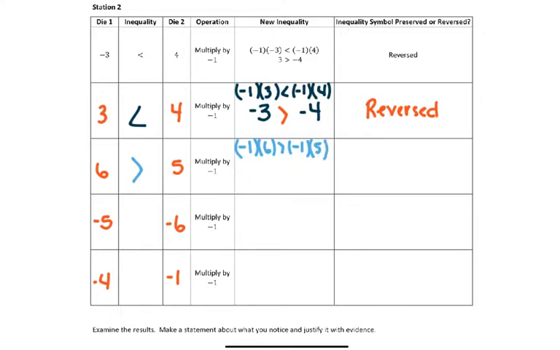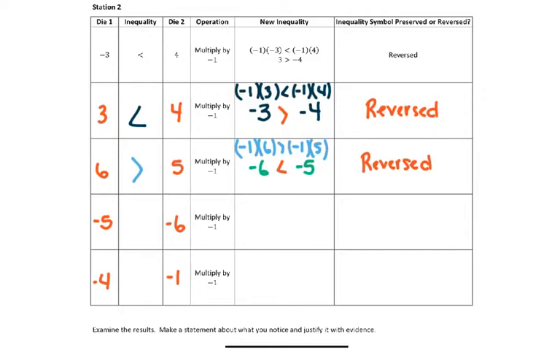Okay, so now I need to carry out these operations. -1 times 6 is -6. And on the other side, I have -1 times 5, which is -5. Now, I have to ask myself, can I still say that -6 is greater than -5 and have it be a true statement? I cannot. That is not true to say that -6 is greater than -5. Instead, I have to change my inequality symbol to say -6 is less than -5. So now I say that my inequality symbol was reversed. So I'm going to say it was reversed right here in this column.